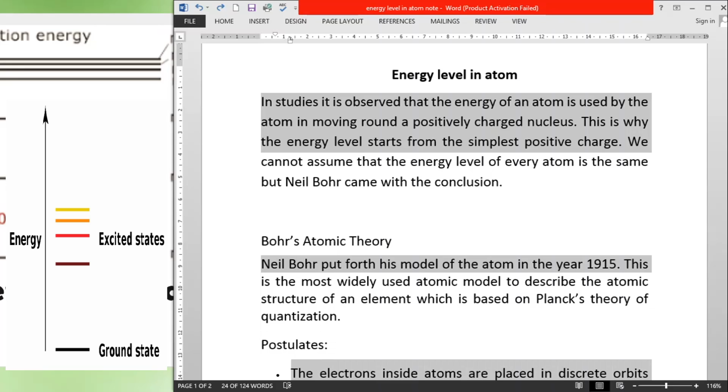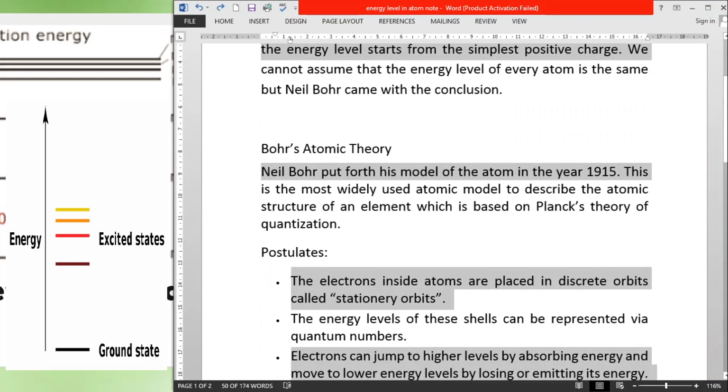Some of the postulates that Bohr put forth are: electrons inside atoms are placed in discrete orbits called stationary orbits. Another is that the energy level of these shells can be represented via quantum numbers, where we have n equals 1, n equals 2, n equals 3, and so on.